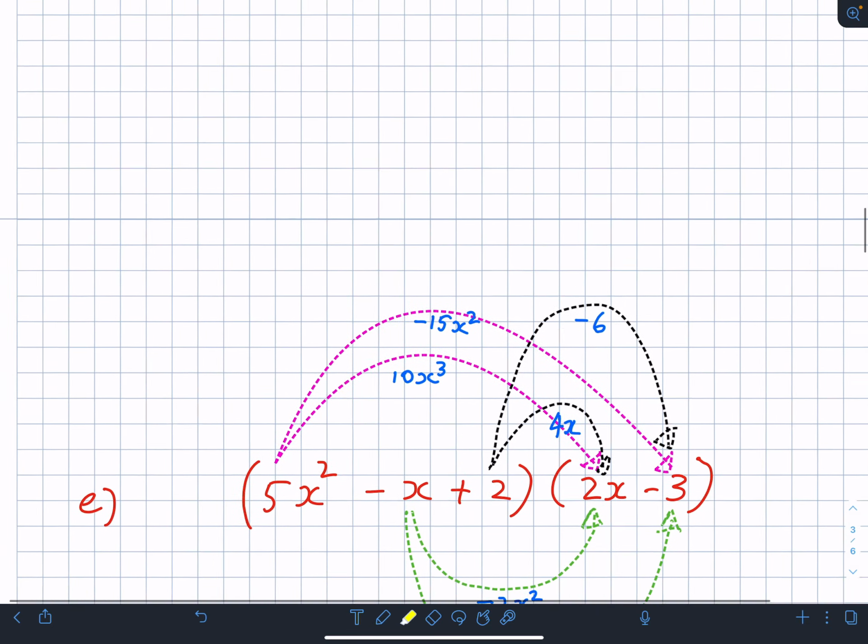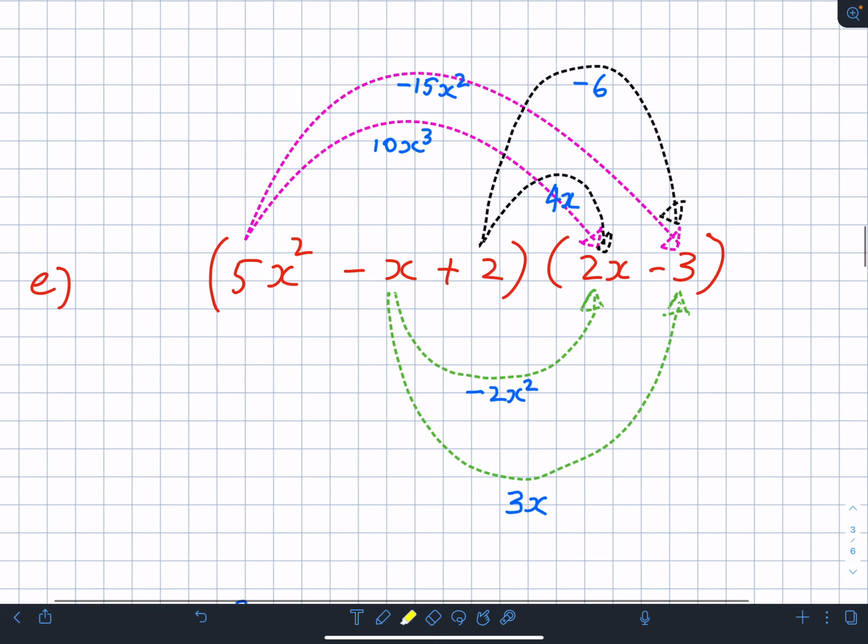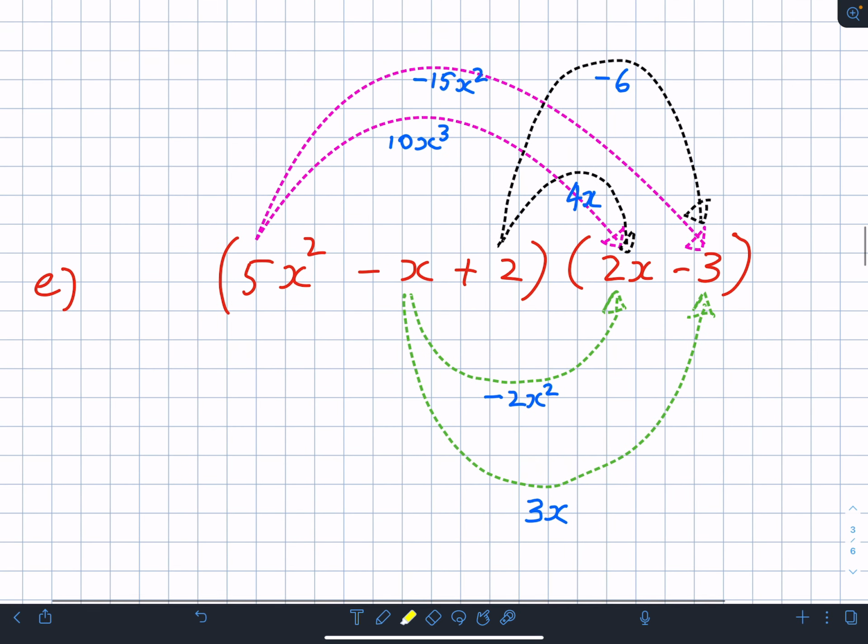Okay, move on. Question E. Question E is asking for 3 terms in our first bracket. So we've got 5x squared minus x plus 2, and multiply that by 2x minus 3. So this time what we do is we multiply 5x squared by 2x.